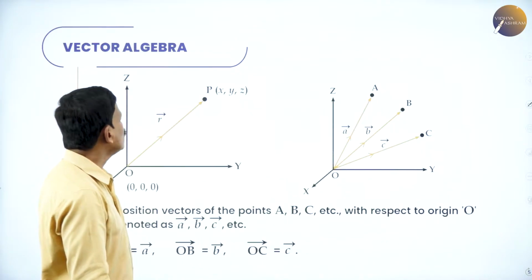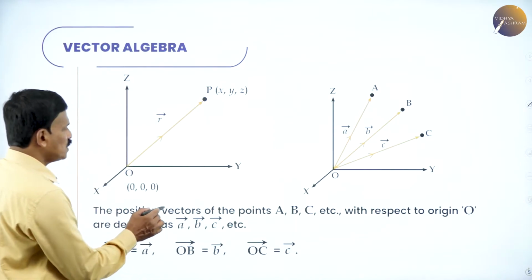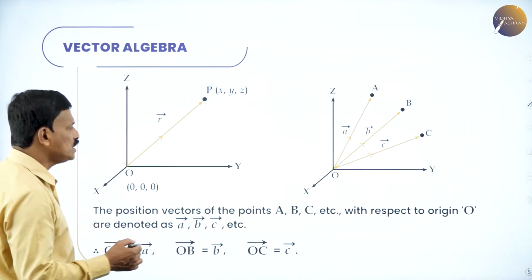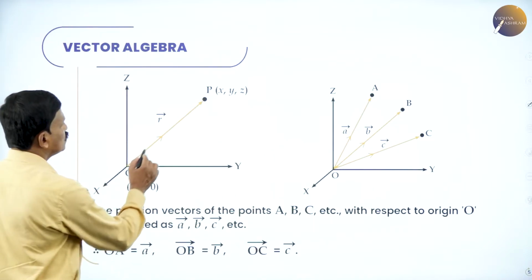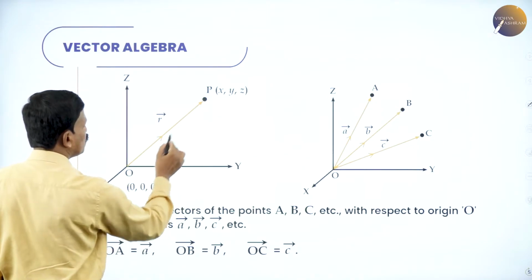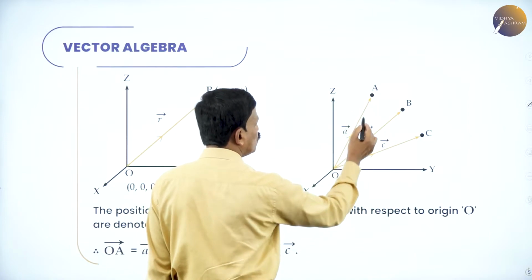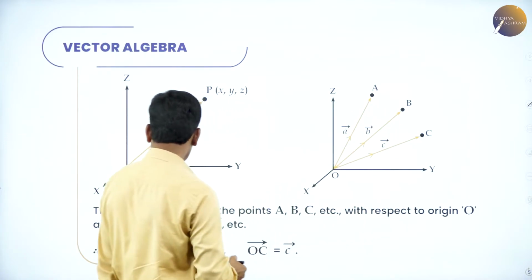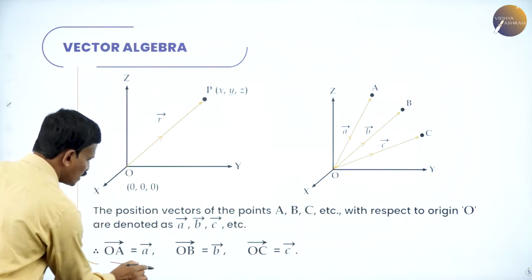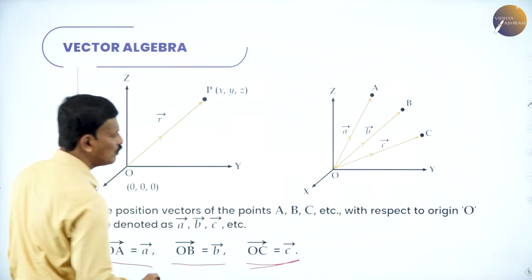Now, see here. The position vector of the points A, B, C with respect to the origin O is denoted as follows. The position vector of these points is given by vector a along OA, vector b along OB, and vector c along OC. So, OA is equal to vector a, OB is equal to vector b, and OC is equal to vector c.